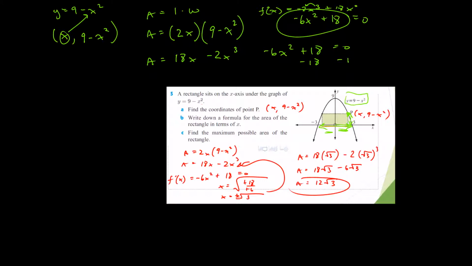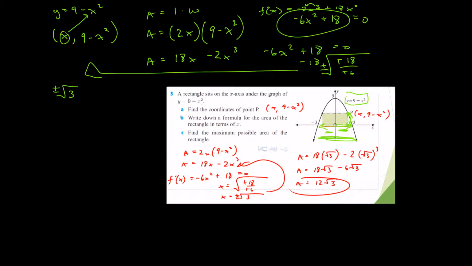Subtract 18, divide by negative 6, and take the square root. Technically, it's going to be both positive and negative. In this case, it's not going to really matter if we're using the positive or the negative. So our value is technically positive or negative root 3.